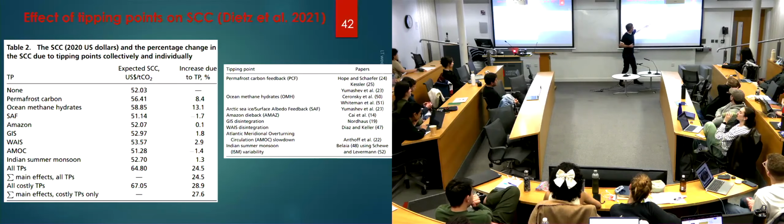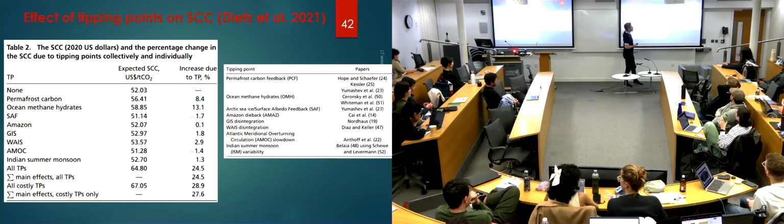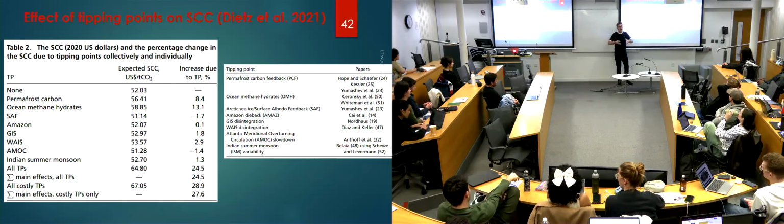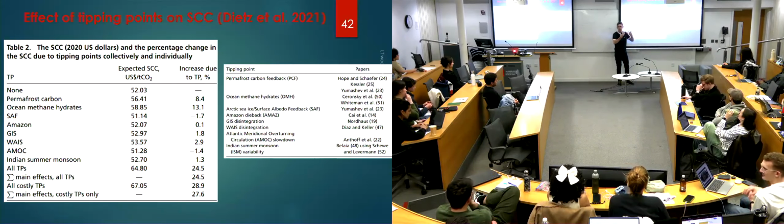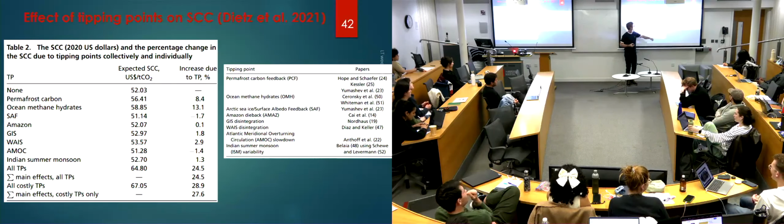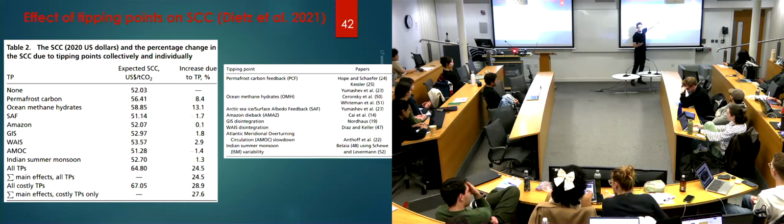Now, what are the big ones? Greenland, no, permafrost carbon. We don't know very well how much methane is in there, how much defrosting there will be, and what the regional pattern of warming is. But it's very bad. It's an 8% increase. And one of the reasons why it's not crazy is that there is discounting going on.